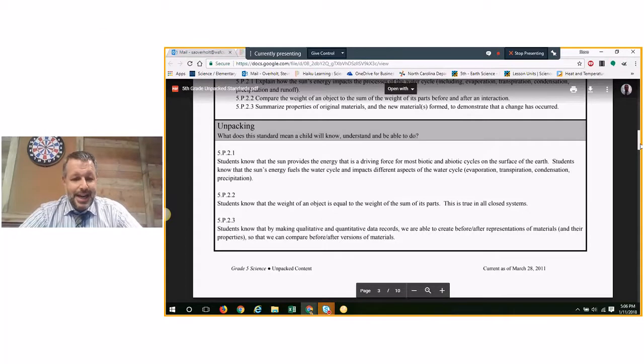This was a debate that's happened over the last couple of years: where does it tell me physical change? Where does it tell me chemical change anywhere in our standards? Physical properties through K-5 are mentioned in a couple different locations, but we never get to the chemical piece.